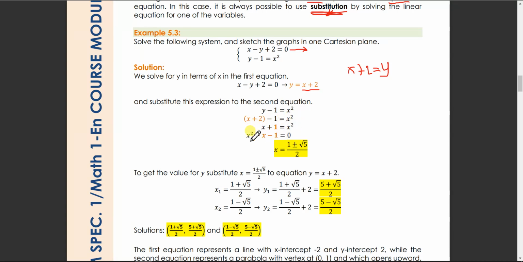So we have this. So how do you solve for x using this type of equation? Then that is by using the quadratic formula. So if you have quadratic equation, so we have ax squared plus or minus bx, then we have plus or minus c is equal to 0.